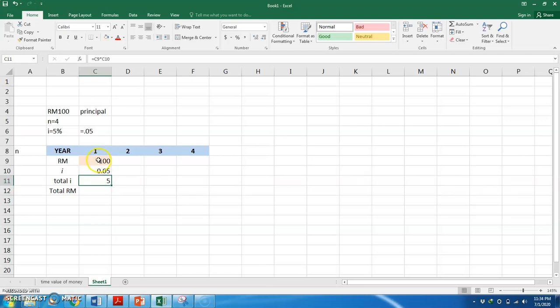When we say that we are using simple interest, it means that the calculation is all the same. What I'm doing is just copying.